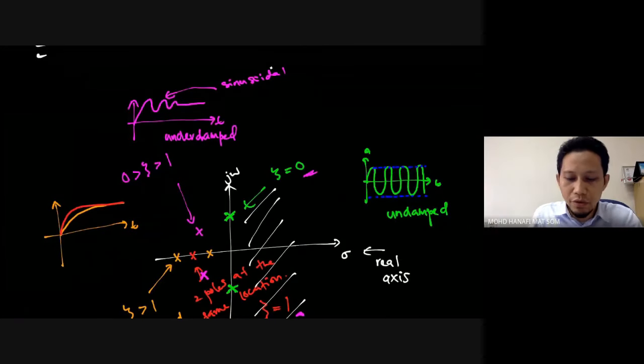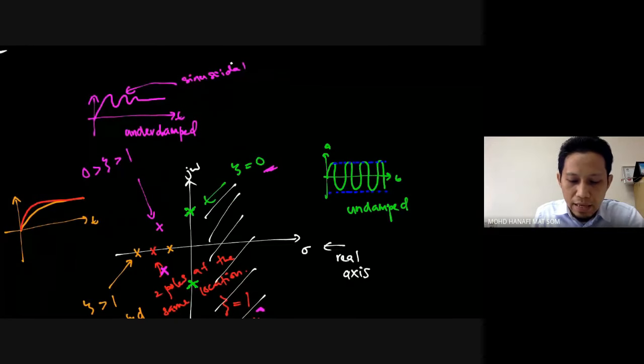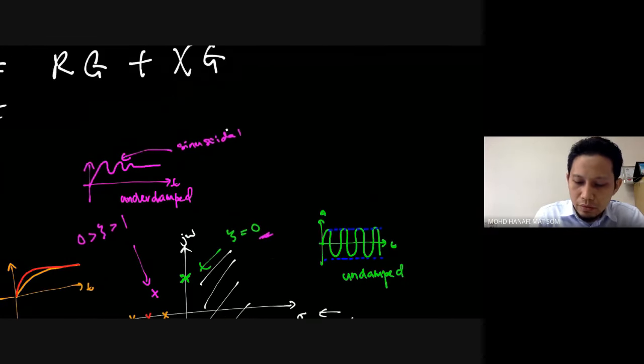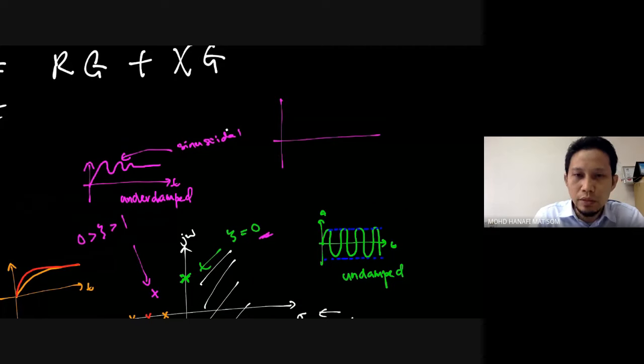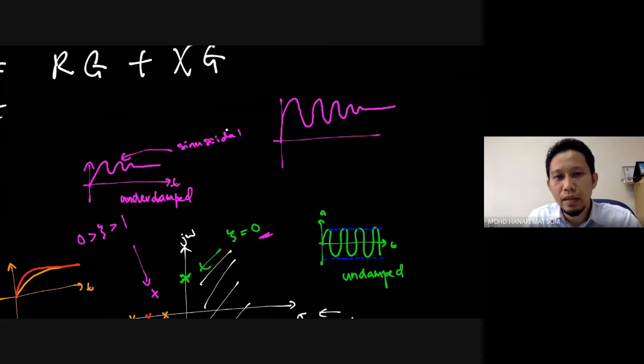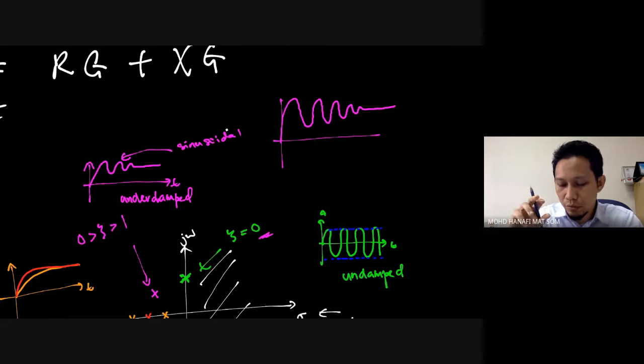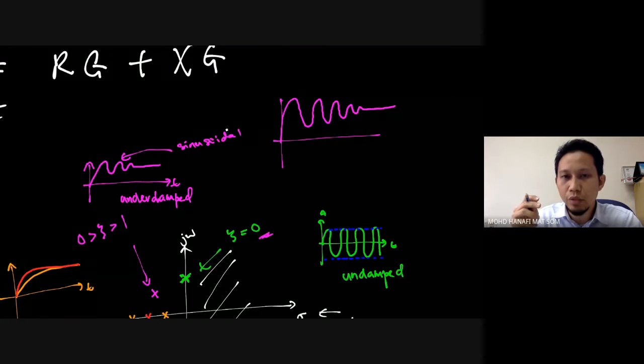Okay, for the underdamped, the sinusoidal will eventually decrease to zero over time. Unlike the undamped, where zeta equals zero, there is no ratio to damp the oscillation. So the oscillation will always remain the same.